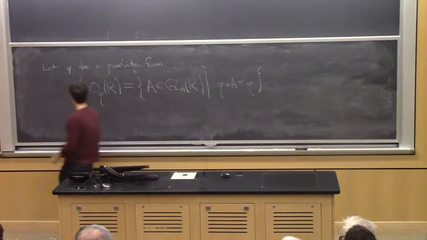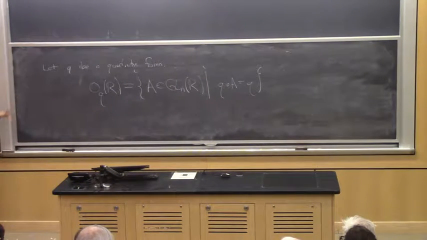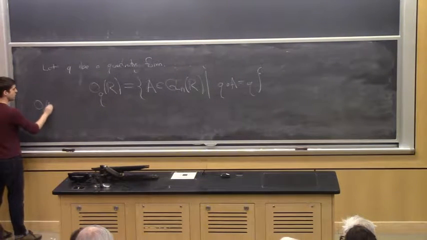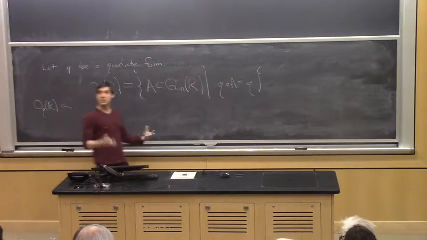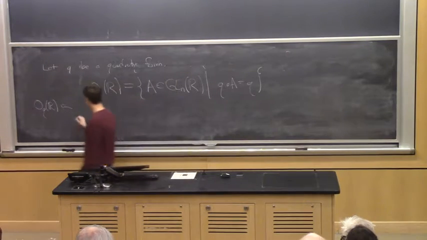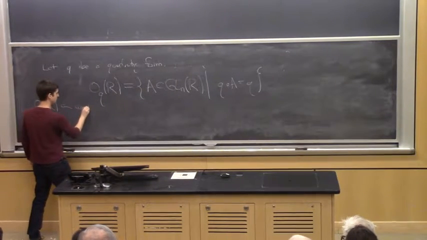So this is a familiar object when Q is positive definite and you're working over the real numbers. So OQ of the real numbers, this is the usual orthogonal group of rotations and reflections in Euclidean space. In particular, this is a compact Lie group.